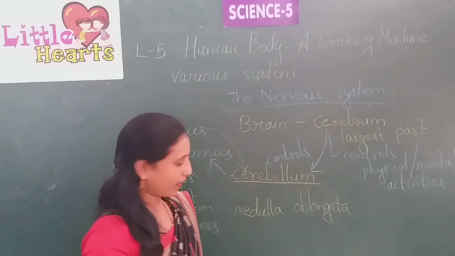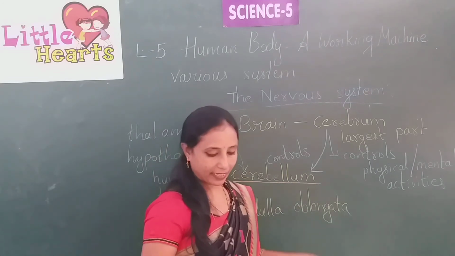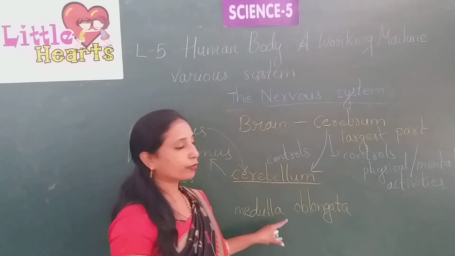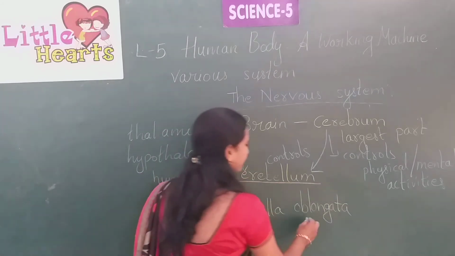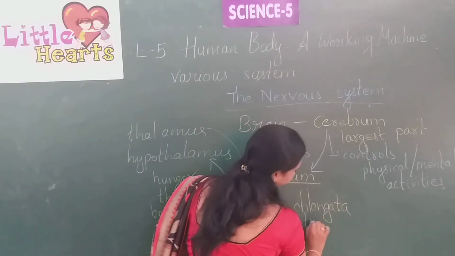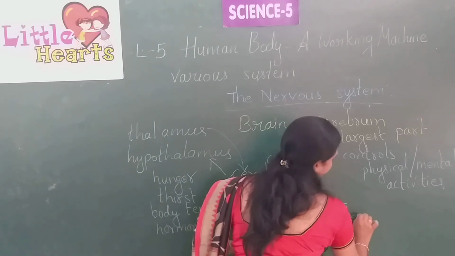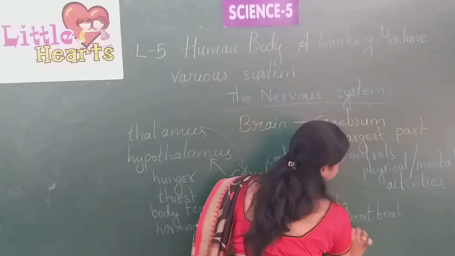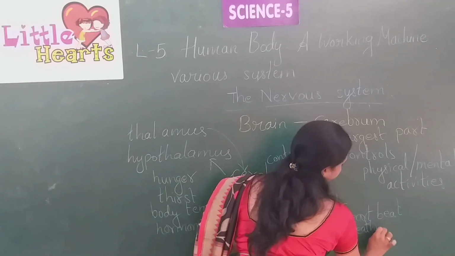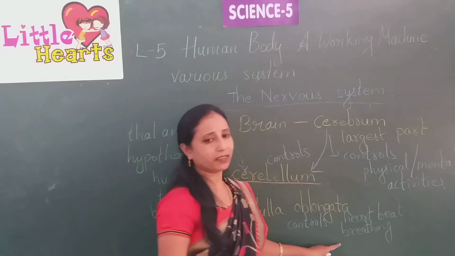And the next one is medulla oblongata. It controls automatic functions such as heartbeat and breathing. Controls heartbeat and breathing.